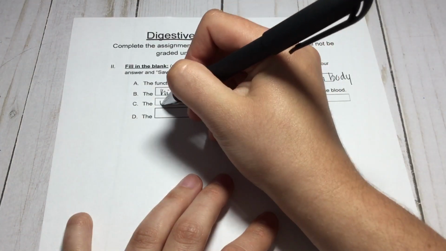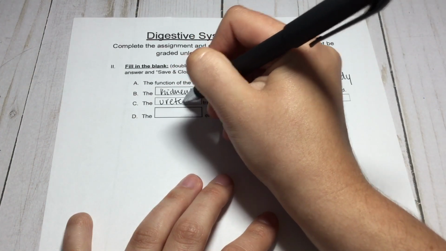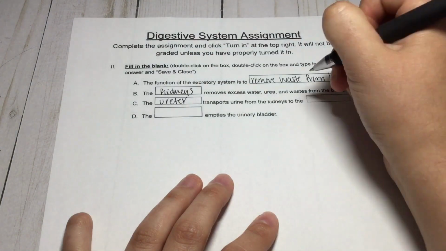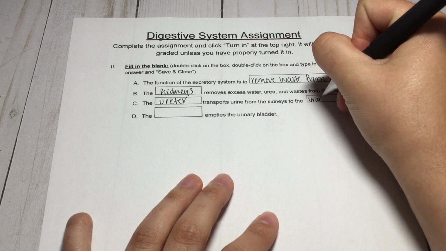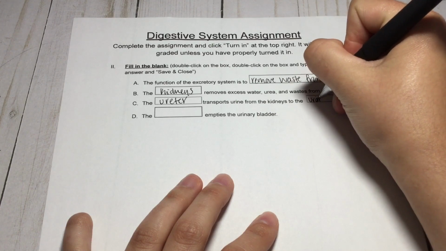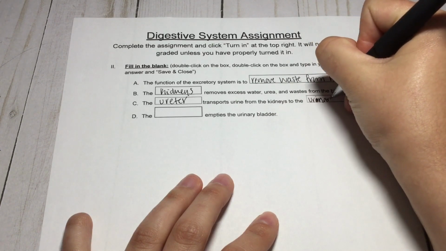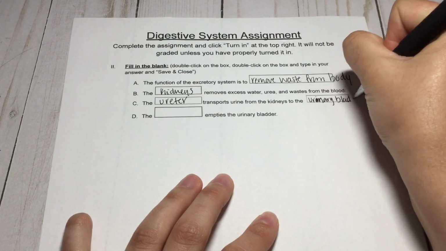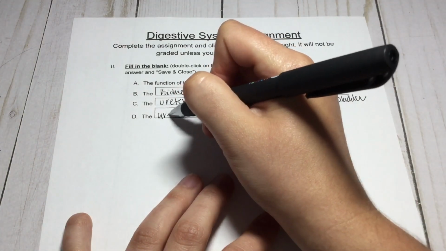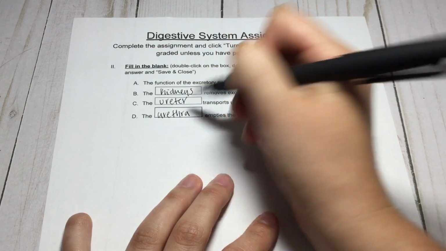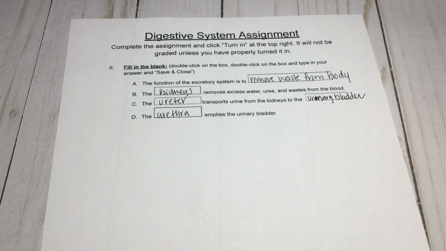The ureter transports urine from the kidneys to the urinary bladder. And then the urethra empties the urinary bladder. So that's all we have for you today.